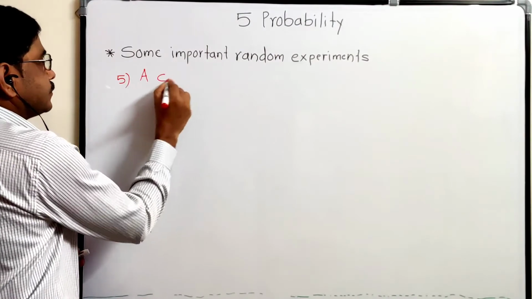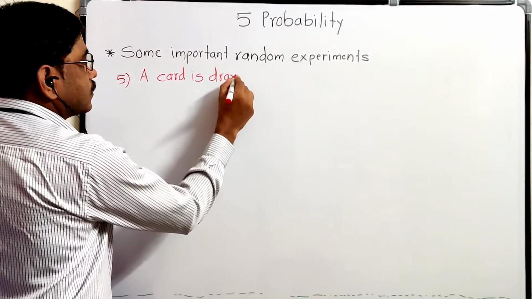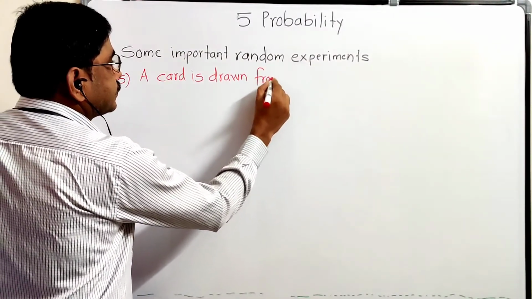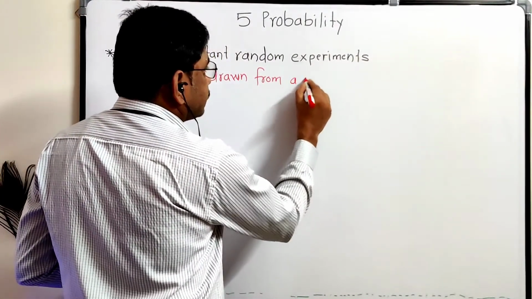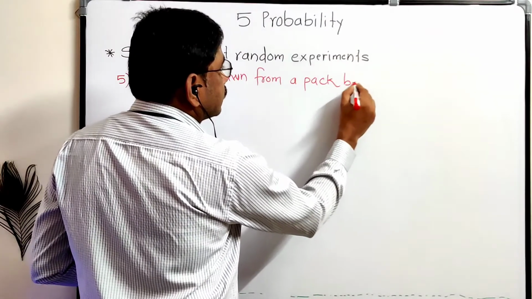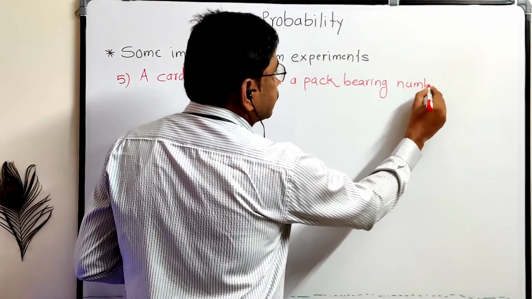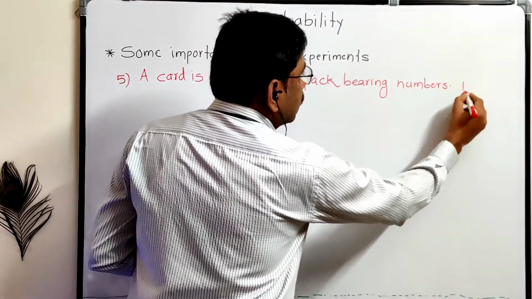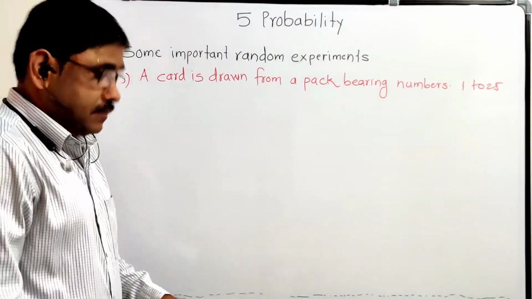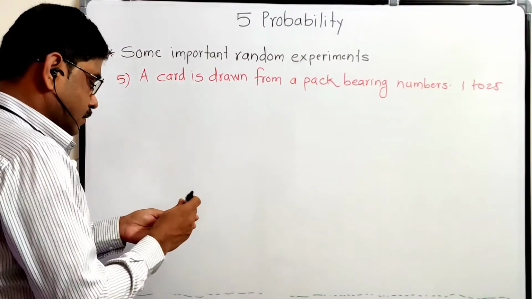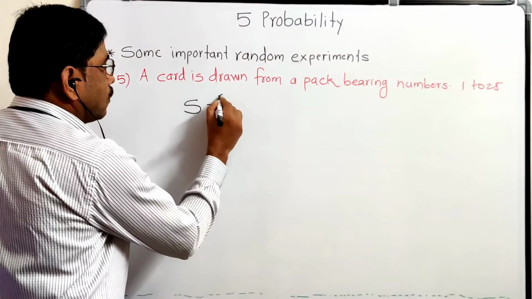A card is drawn from a pack bearing numbers 1 to 25. So how many numbers are there? 1 to 25. So S is equal to, we have to write all the numbers from 1 to 25.